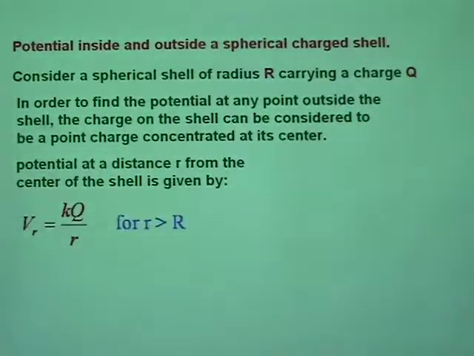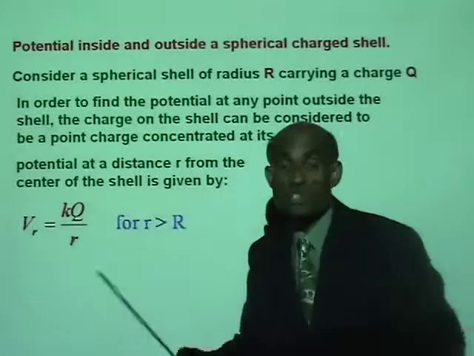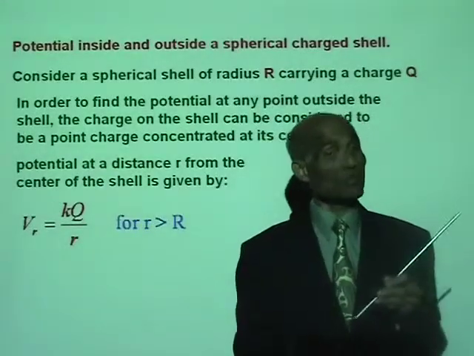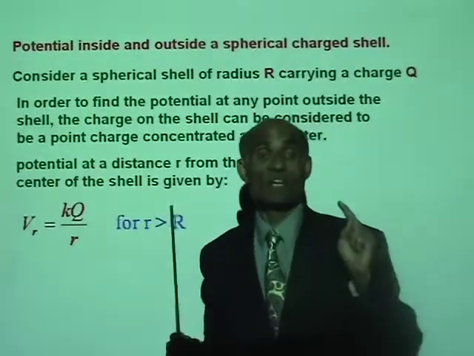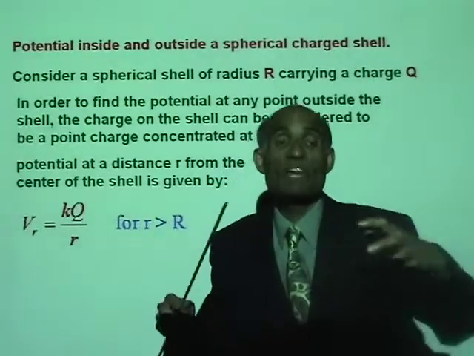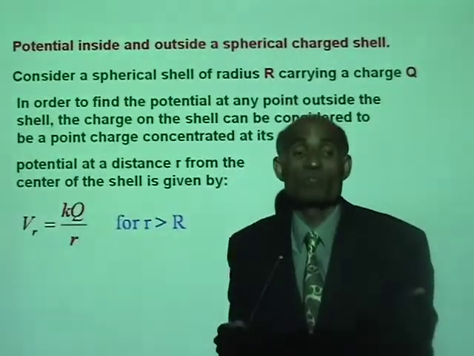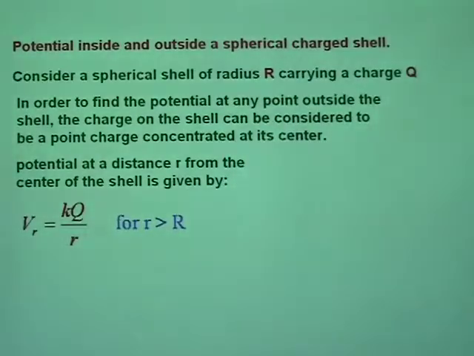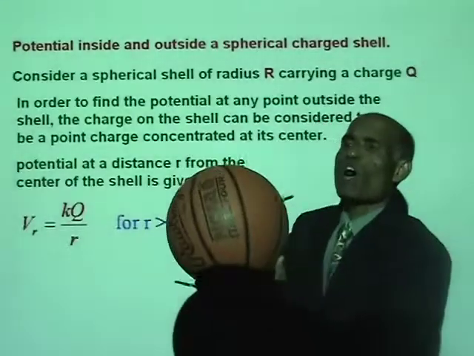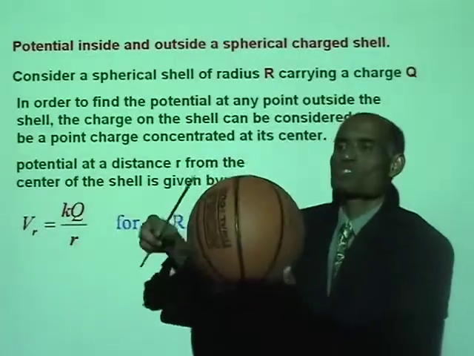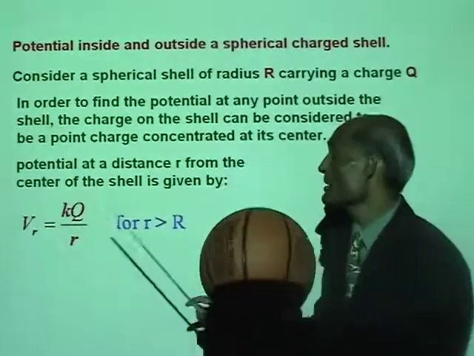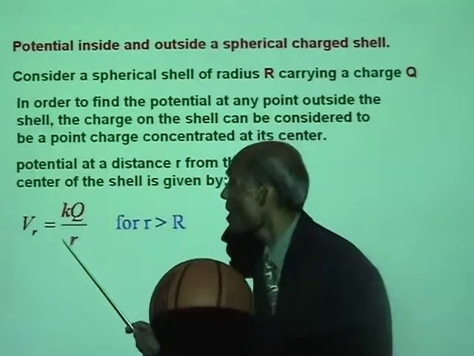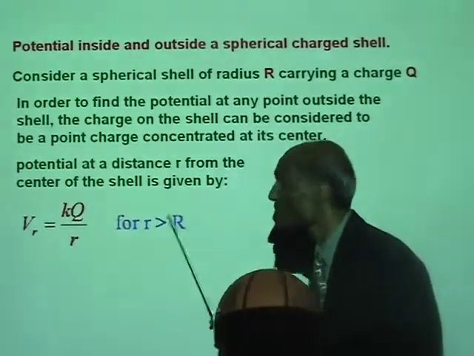Now tell me, what is the electric potential inside the shell? We just talked about it. The only way electric field can be zero is that the potential is a constant. Now tell me, what is the electric potential on the surface of the charged shell? It will be KQ over R, where R is that radius.